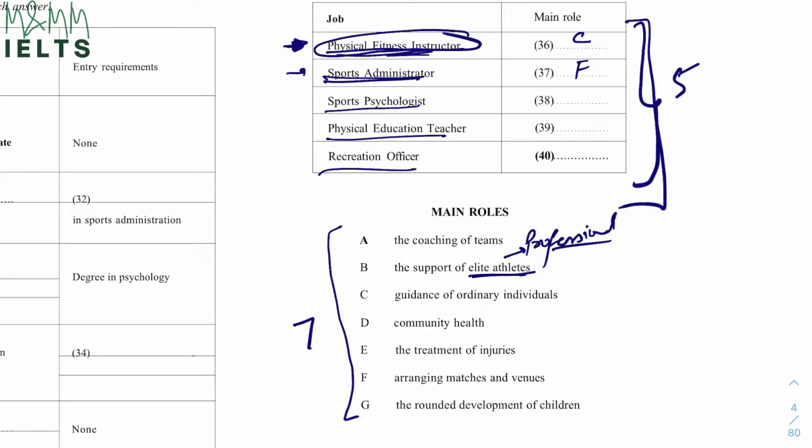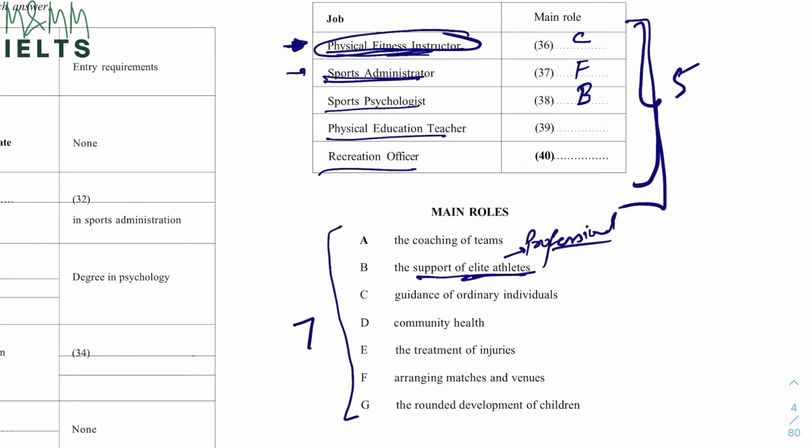Now, I hope by now you would have understood that they play all the options in a sequence. Yes, you have to be extra careful and attentive while listening, because if you miss one, you may end up missing more than one question. But if you realize, every single question is coming in sequence. For this one, the answer is going to be F. For the previous one, it is going to be B, which is the support of elite athletes, because in the audio they simply mentioned helping the professional athletes.